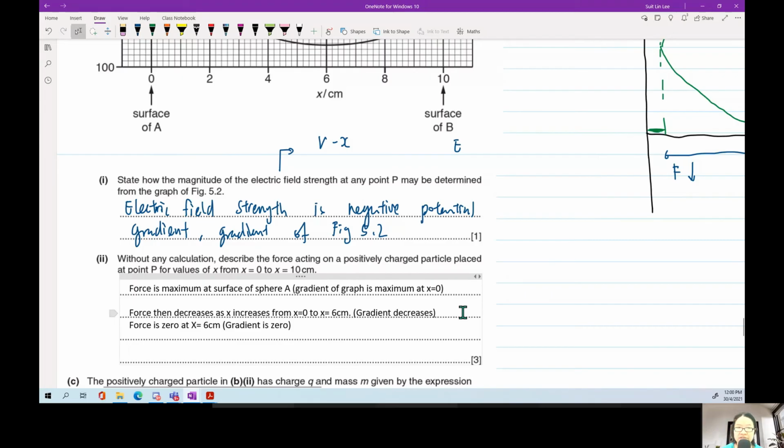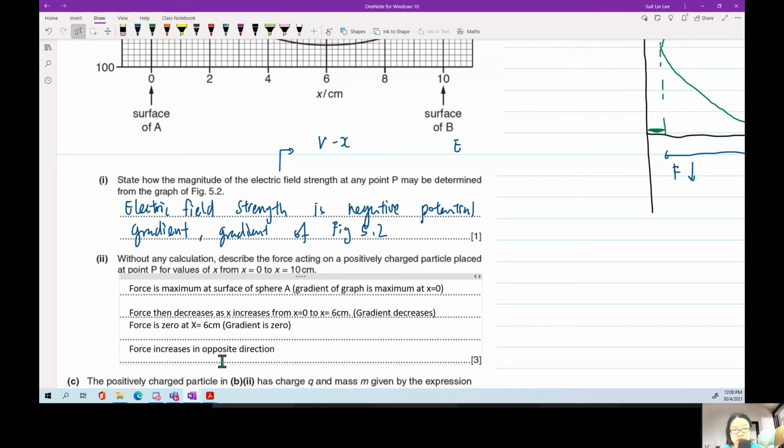Next, after 6 cm, you can say that the force increases in the opposite direction. Must mention opposite direction because force is a vector. So when describing a vector, we should always talk about how the magnitude changes, for example, force increases. And if there's a change in direction or anything relevant about direction, it should also be stated.